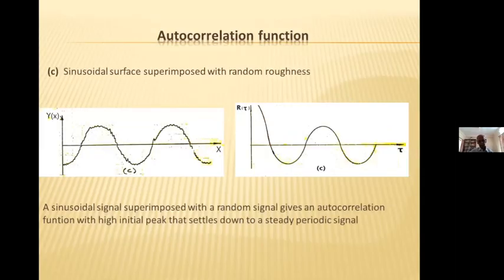Now, if we have a surface which is sinusoidal superimposed with random roughness, which we have seen with respect to the probability density function, as shown here on the reference side, then we'll see that the autocorrelation function starts with a high peak and then it settles down to a periodic function.